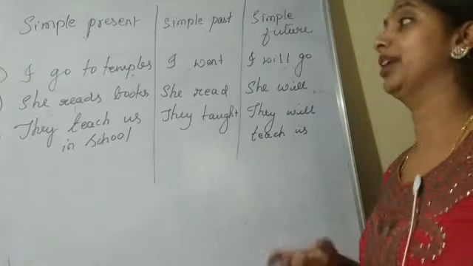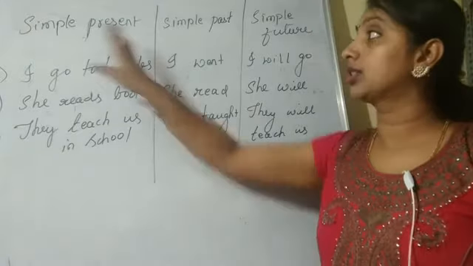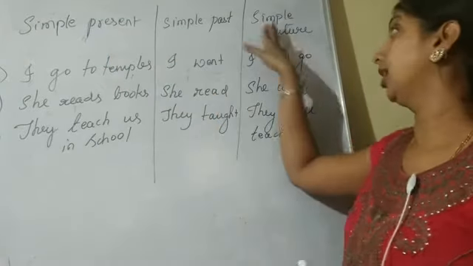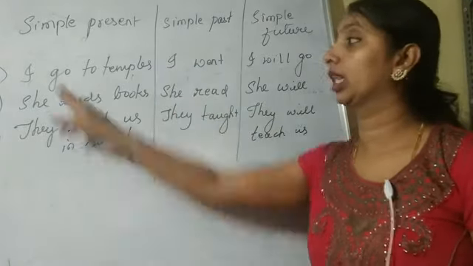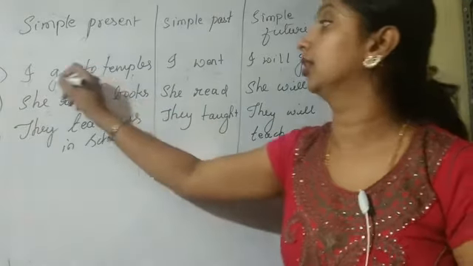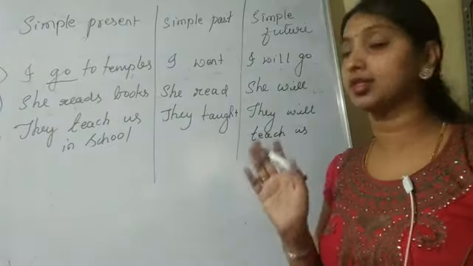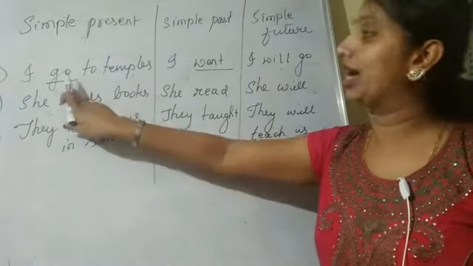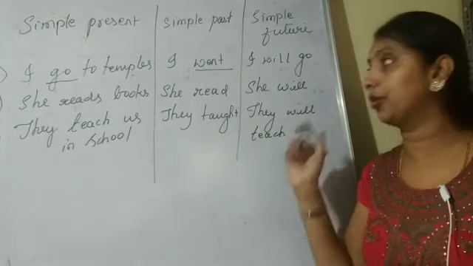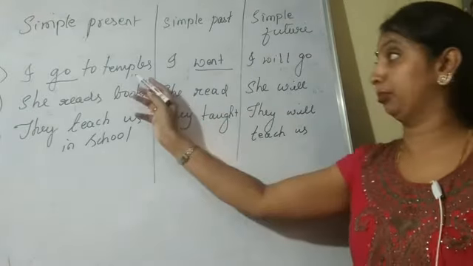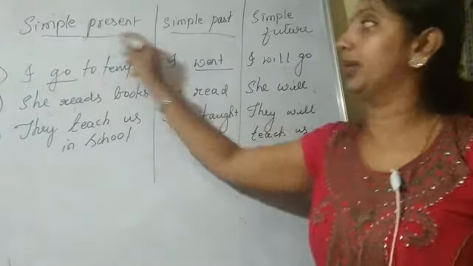So we'll take some examples for all the three tenses now. Simple present, simple past and simple future. First one, I go to temples. Go is the verb which is showing the present time. What is the past tense for go? Past tense for go is went. So I went to temples in the simple past.